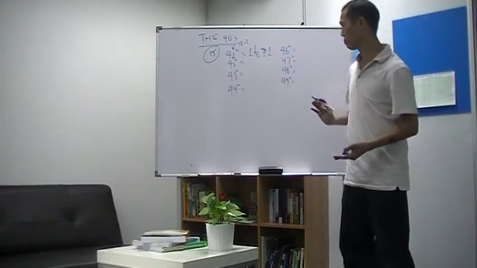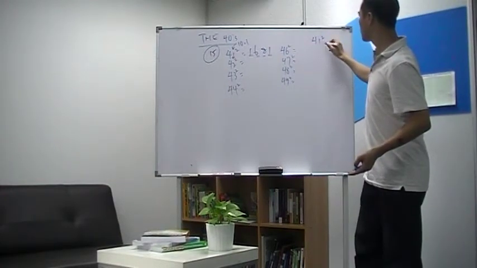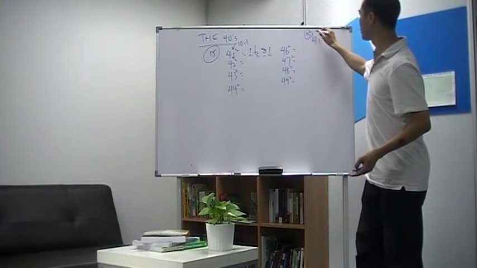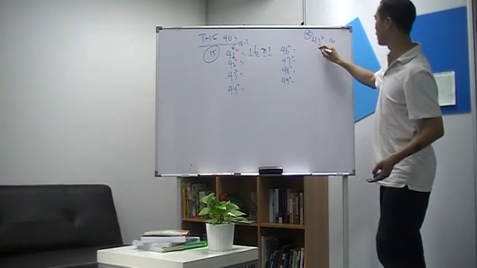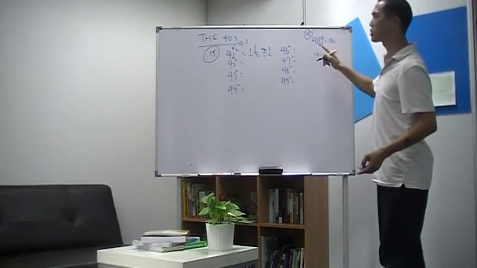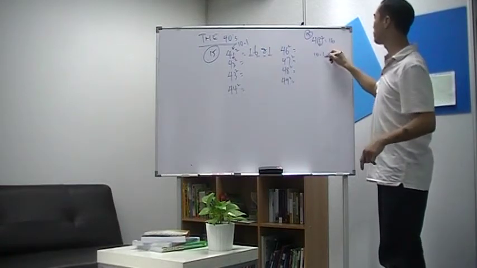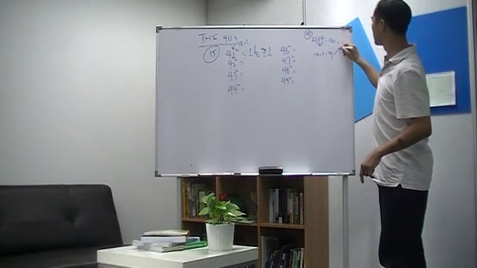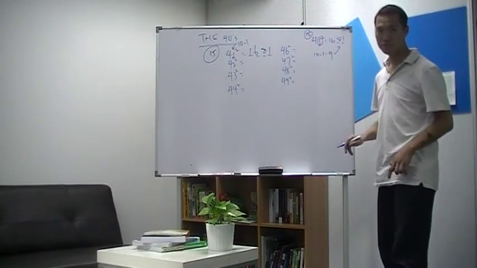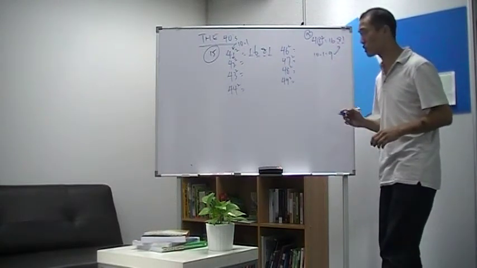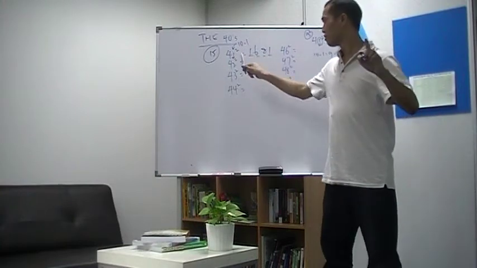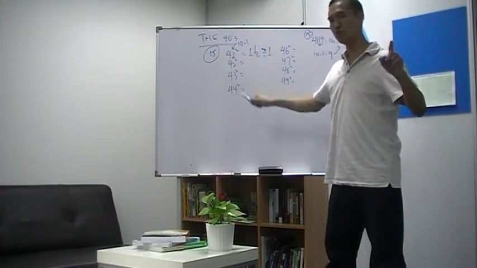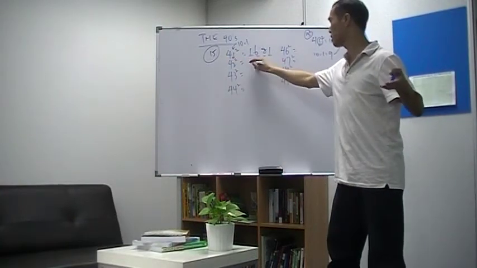Let's do one more time. 41 square is based on 15. 15 plus 1 is 16. And you take 10 minus this number because it's 10 less than 50. 10 minus 1 is 9. 9 squared is equal to 81. Alright? So that's the concept. Let's do the second one. 15 plus 2, 17.